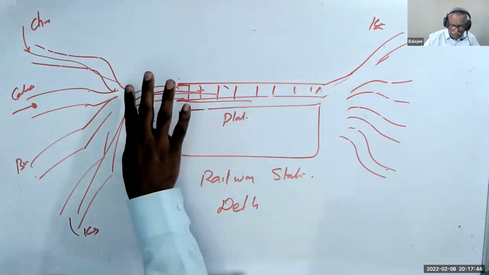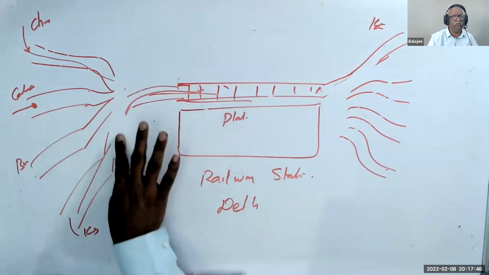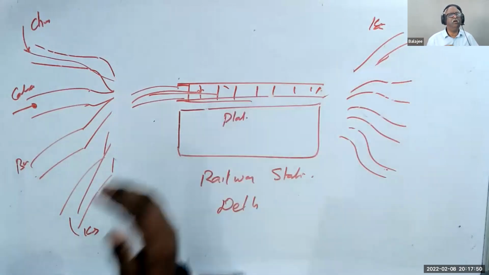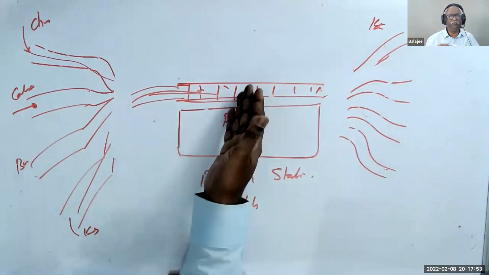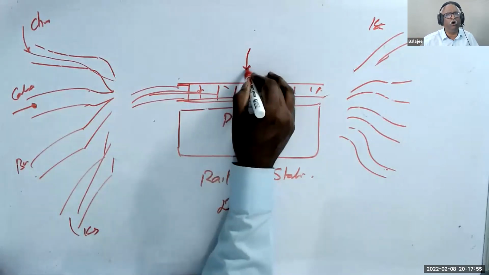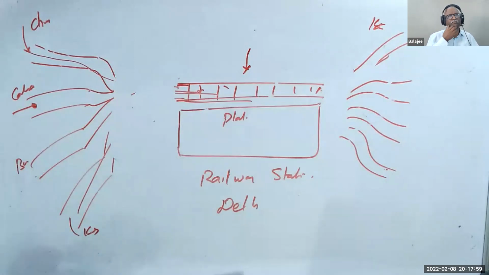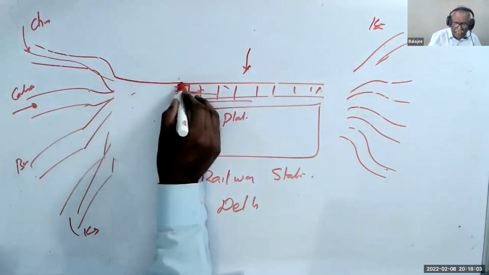But suppose nothing is connected. Now that time this platform is called not connected to anybody. No train. Understand? Suppose I have connected to Chennai.